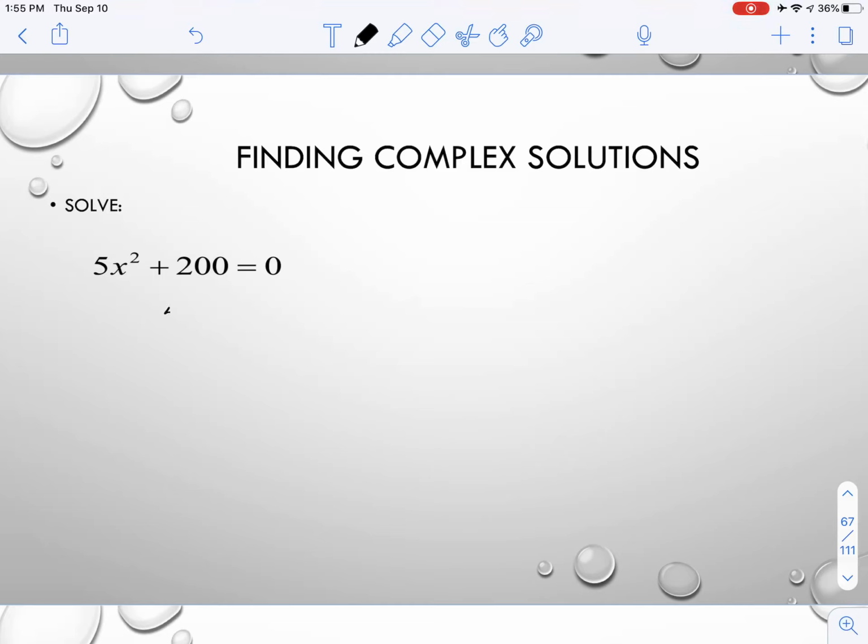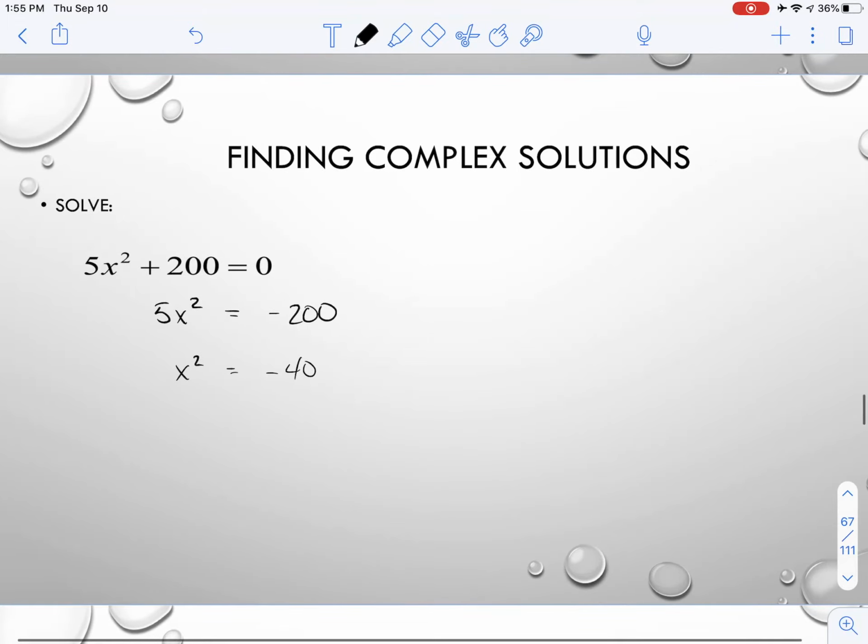So I'm going to subtract that 200 over. It's going to give me 5x squared equals -200. And if I divide both sides by 5, I'm going to have x squared equals -40. And I'm going to take a square root of both sides because now I have a squared term and a constant. So we're going to have x equals plus or minus the square root of -40.